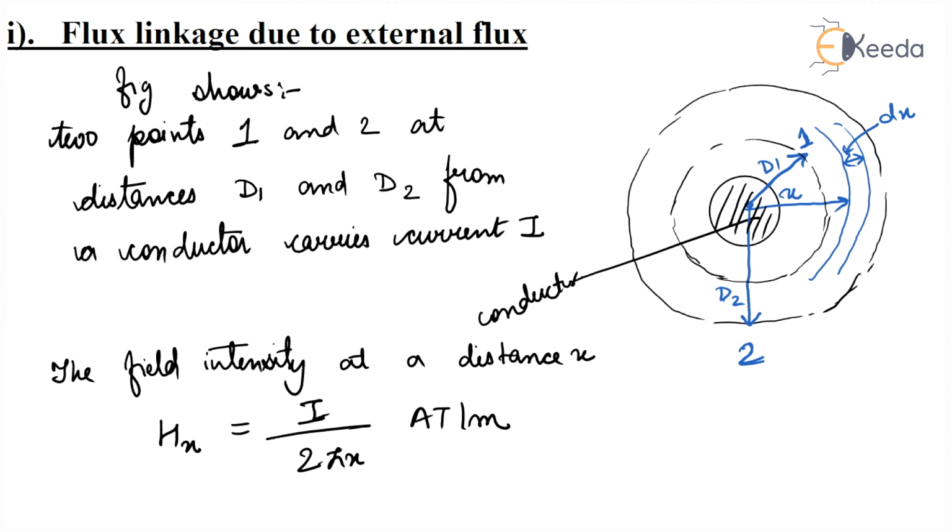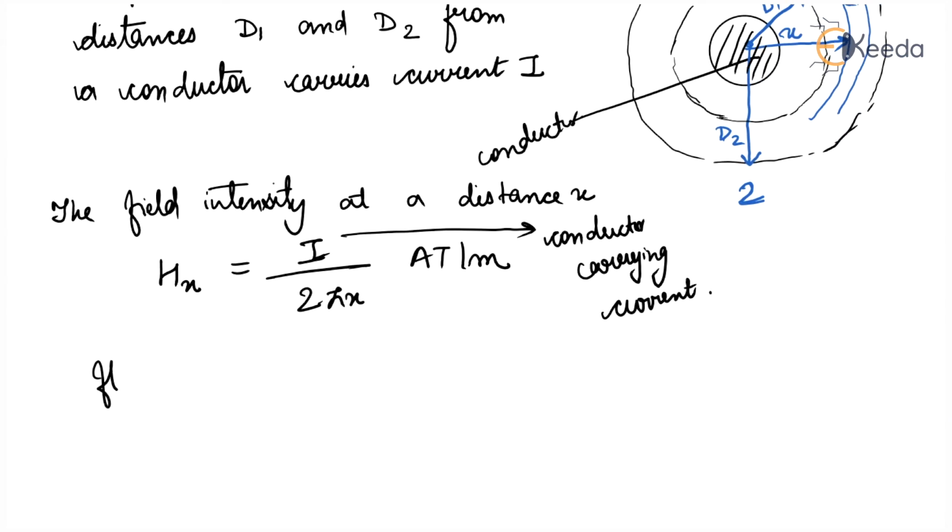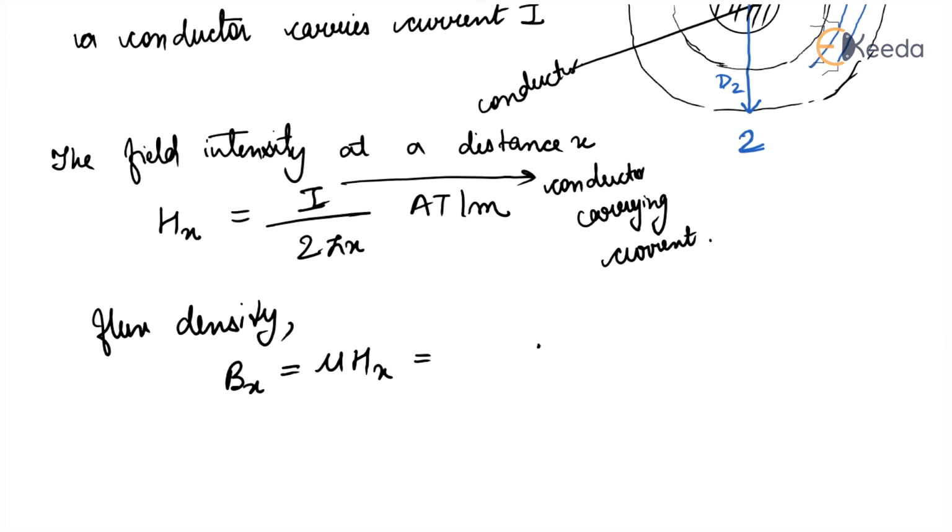This is the conductor carrying current I. Now the flux density Bx is equal to mu naught into Hx, and Hx is I upon 2 pi x, Weber per meter square.